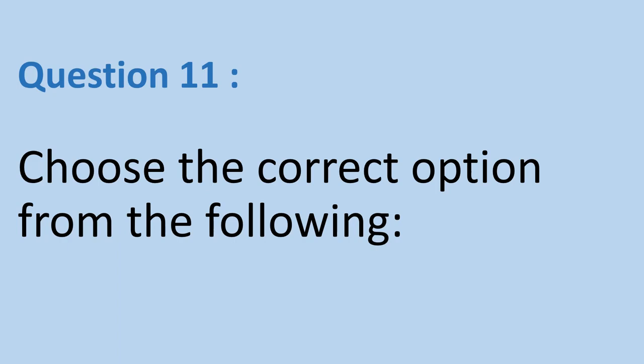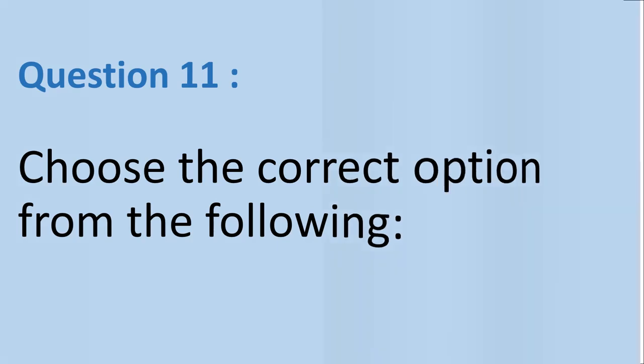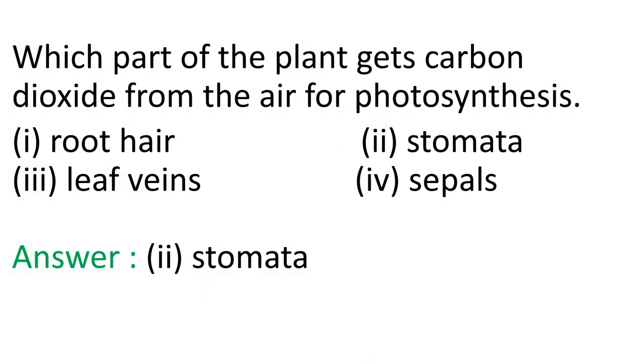Question number 11. Choose the correct option from the following. Which part of the plant gets carbon dioxide from the air for photosynthesis? Option 1. Root hair.